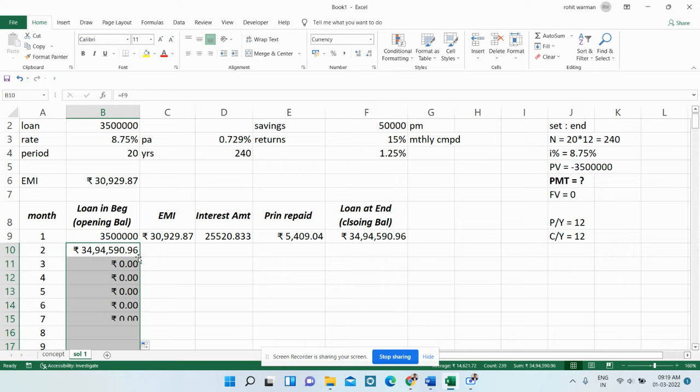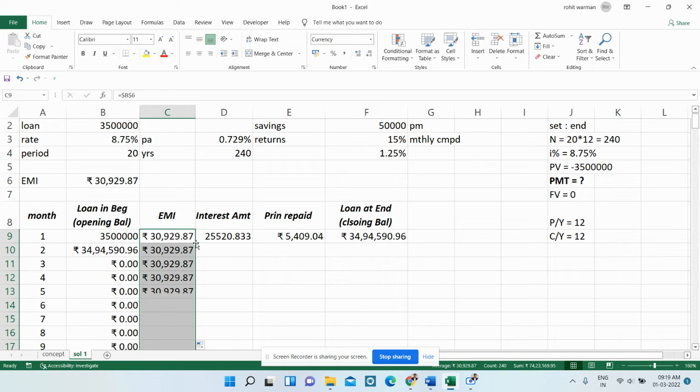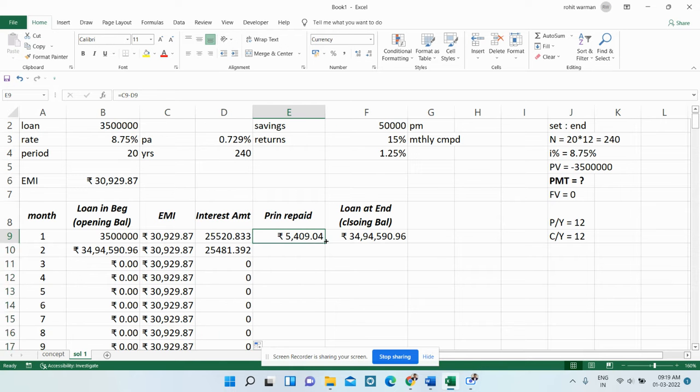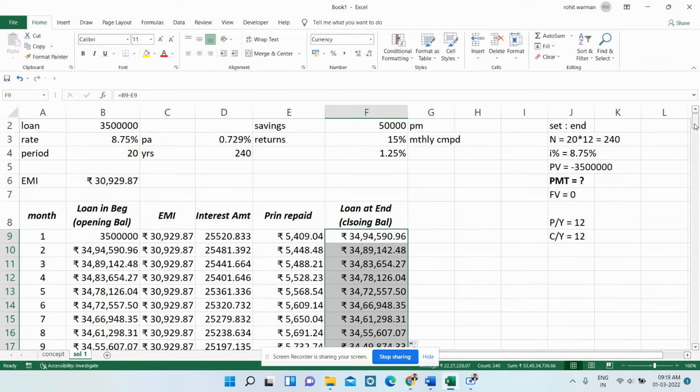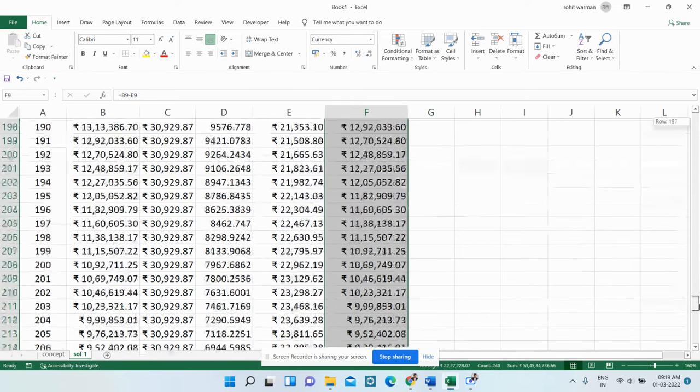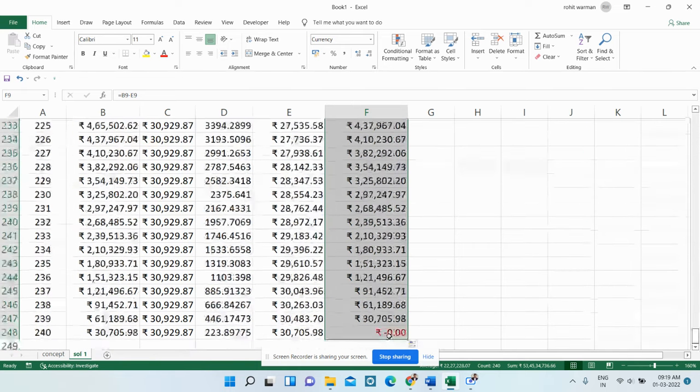Once it is set, we just have to double click on this auto fill handle, and that way we have the whole loan schedule of 20 years, and you can see it is zero.